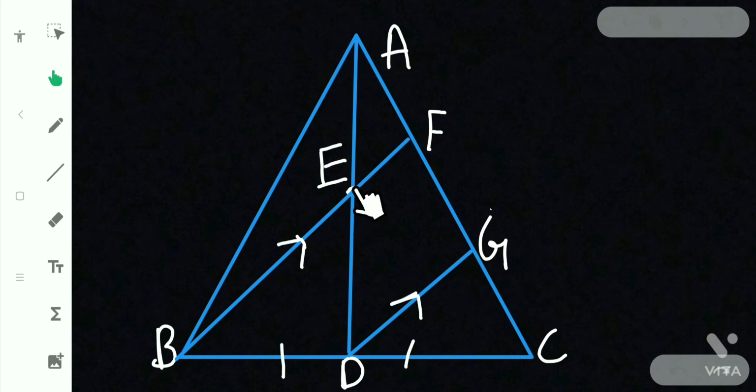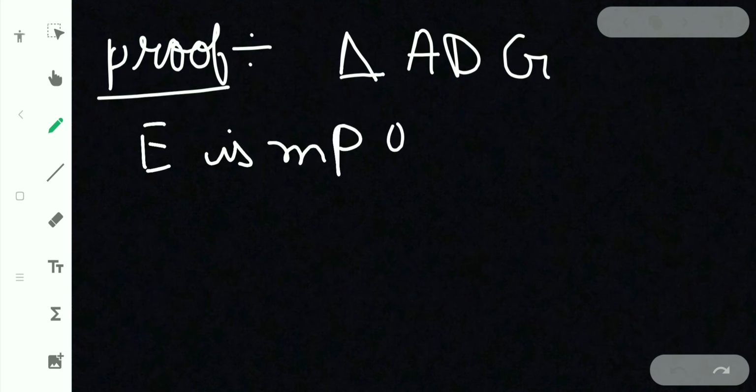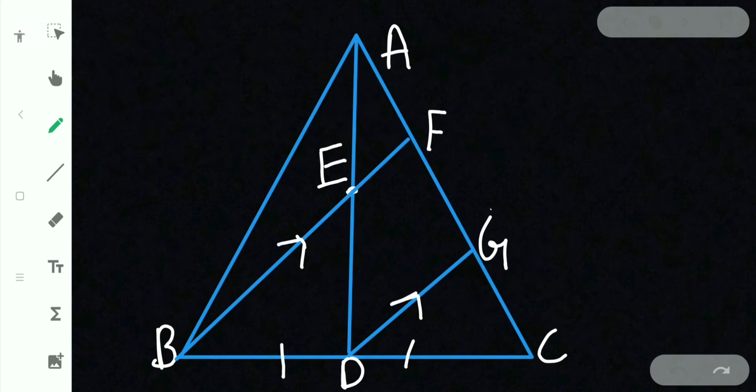You know that E is a midpoint of AD, that is given in the question itself. E is midpoint of median AD. And EF is a line drawn to the third side parallel to DG.